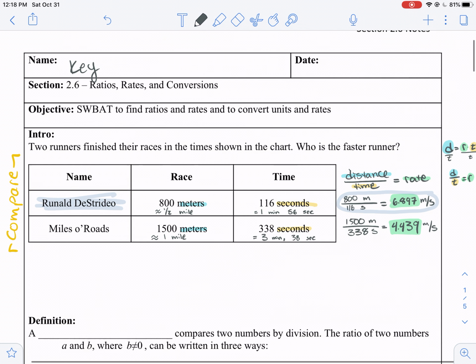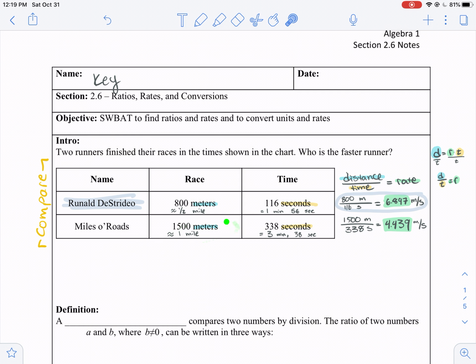So you have Miles who's running under a mile in just under 4 minutes. That's very fast. But you also have Ronald Distradio who's running about a half a mile in about 2 minutes. So he is running faster. Cool, huh? Good job, guys.